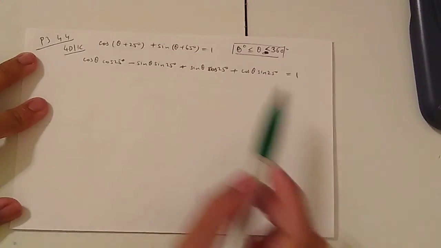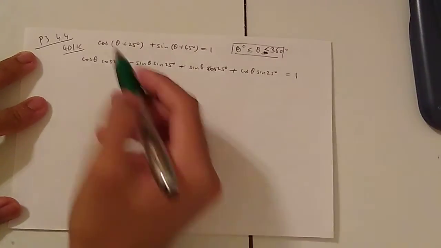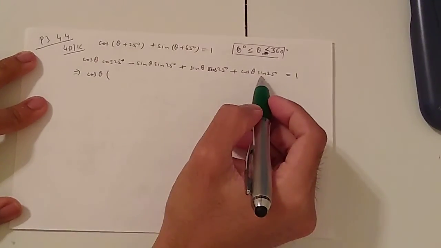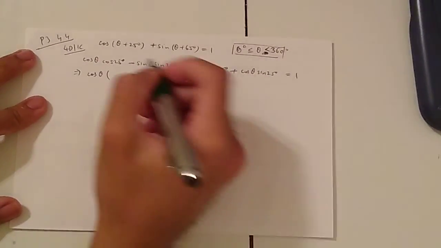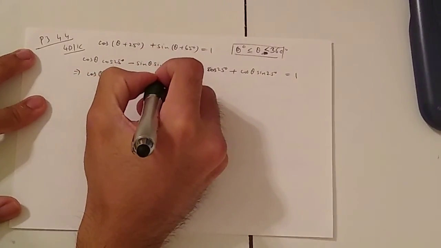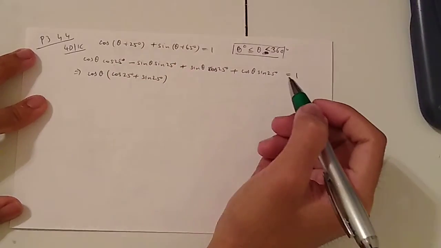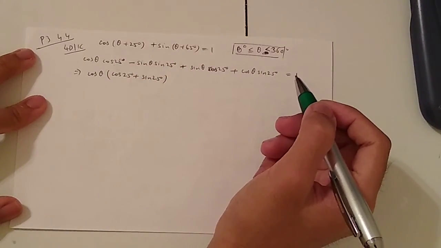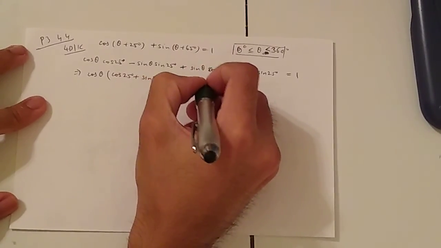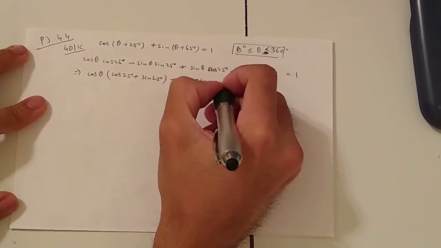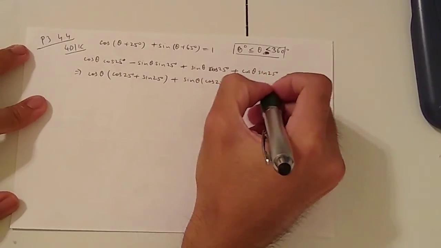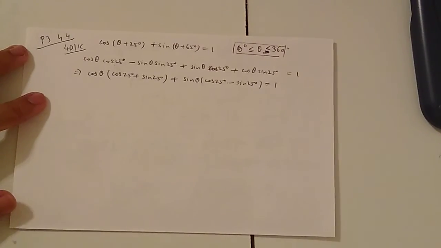Now let's collect our cos theta terms together and our sine theta terms together. You get cos theta into cos 25 degrees plus sine 65 degrees, then plus sine theta into cos 65 degrees minus sine 25 degrees, is equal to 1.